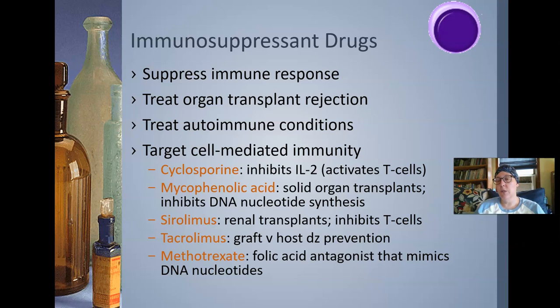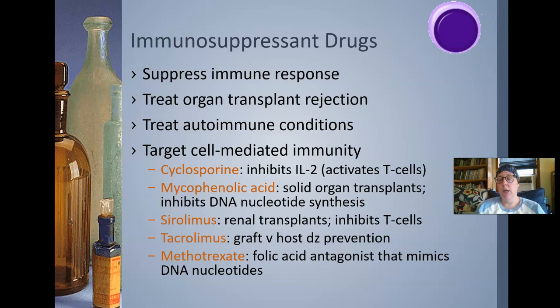Graft versus host disease is when what is transplanted is an immune system, so it's a bone marrow transplant, and the risk is that the immune system figures out that it's in a foreign body and attacks the entire body as foreign, and so that leads to graft versus host disease because you have a foreign immune system in the host.